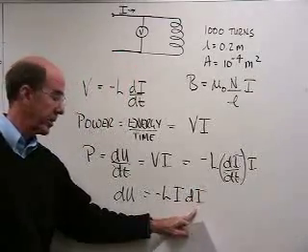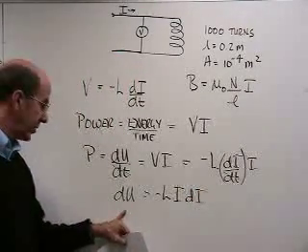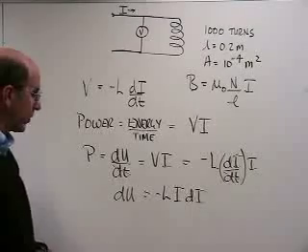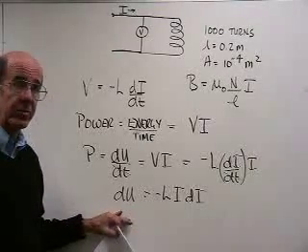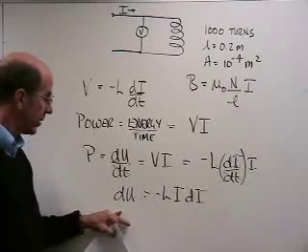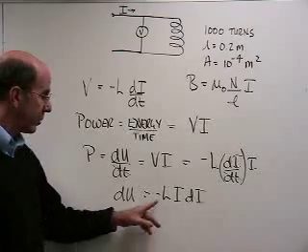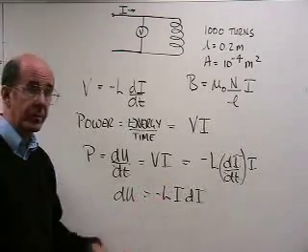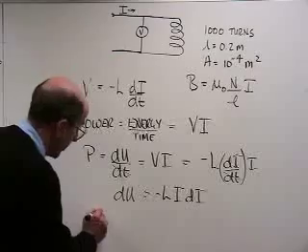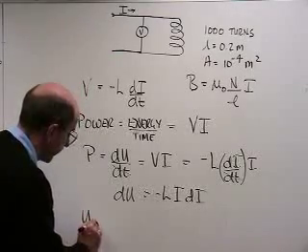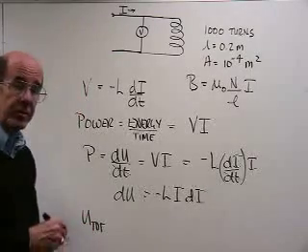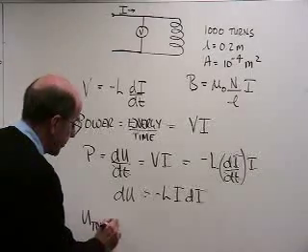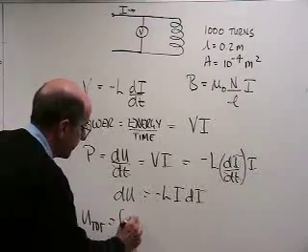So as the current increases, so does the energy increase. So if I want to find out the total energy enclosed in the coil, I need to integrate from zero current to whatever the maximum current is. So U total, the total amount of energy stored in the coil, is equal to the integral of dU.